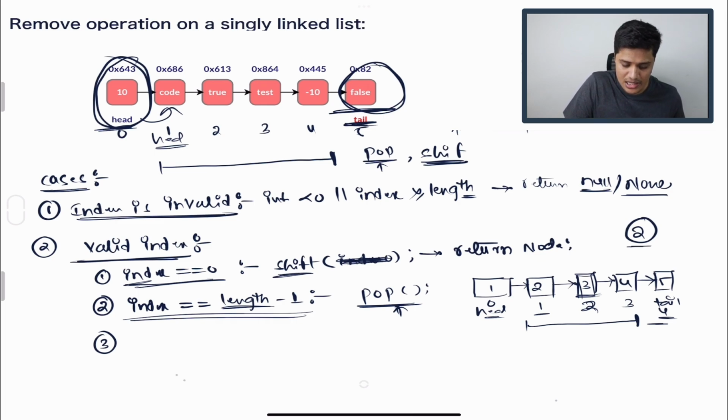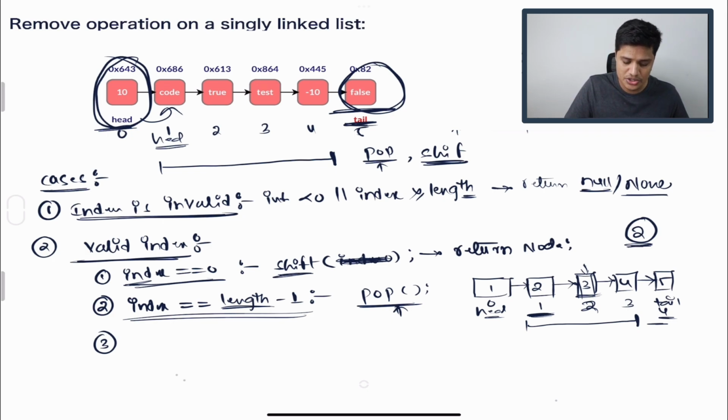In our case, the index that the user has given is 2, so we will go ahead and get the node at index 1, because the node at index minus 1 will contain the reference of the node that is at the indexed position in its next variable, right?